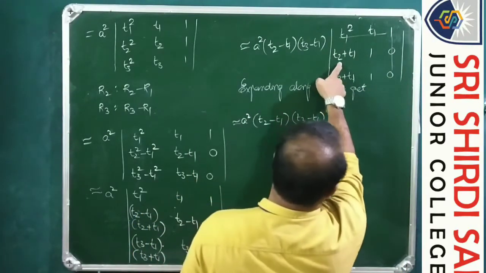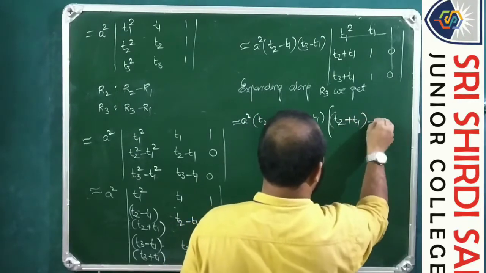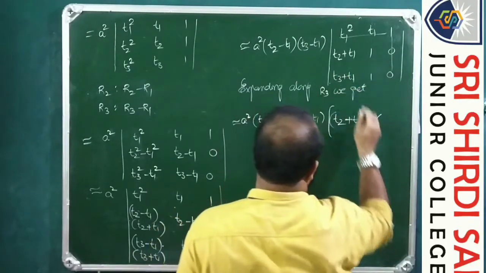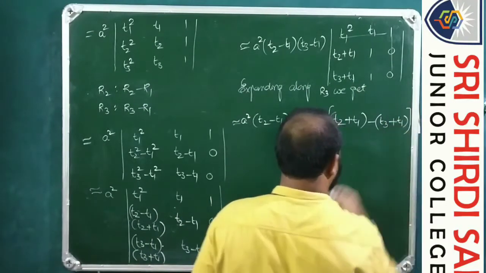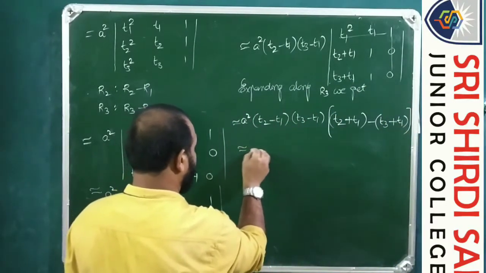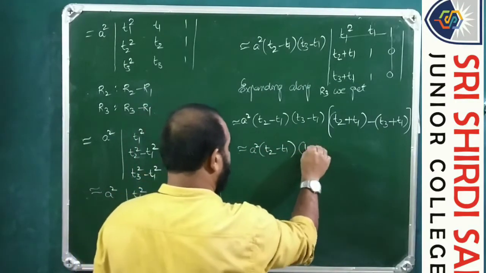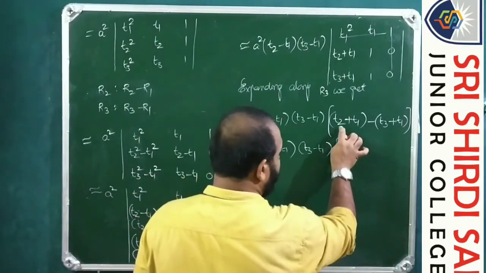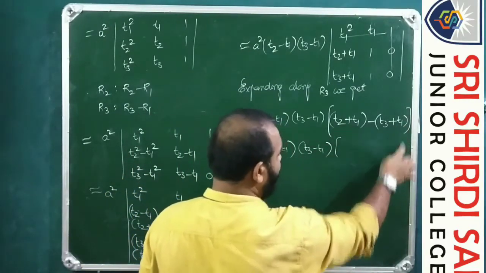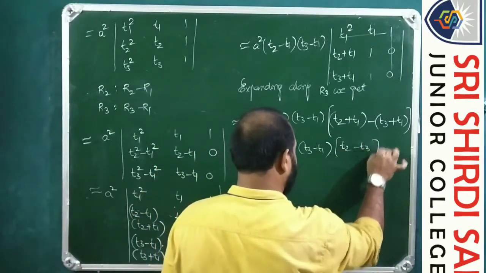So this is T2 plus T1 into 1 is T2 plus T1, minus of 1 into T3 plus T1 is T3 plus T1. This is equal to A square T2 minus T1 into T3 minus T1 into T2 plus T1 minus T3 minus T1. T1 gets cancelled. We are left with T2 minus T3.